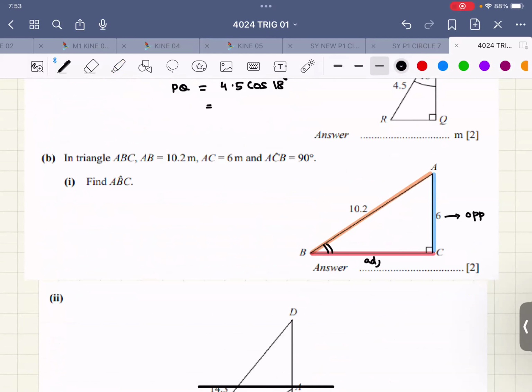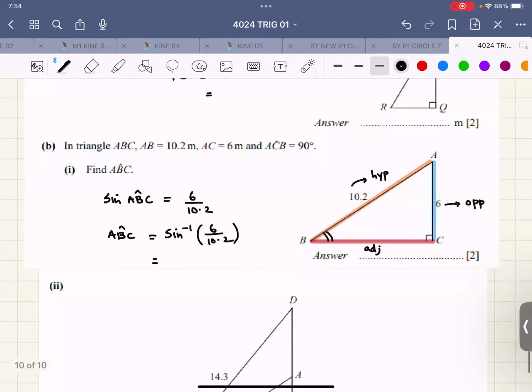And BC is the adjacent. And 10.2 is the hypotenuse. So we are finding this angle. Therefore, sine of ABC equals 6 over 10.2. Therefore, angle ABC is sine inverse of 6 over 10.2. And then you will find this answer.